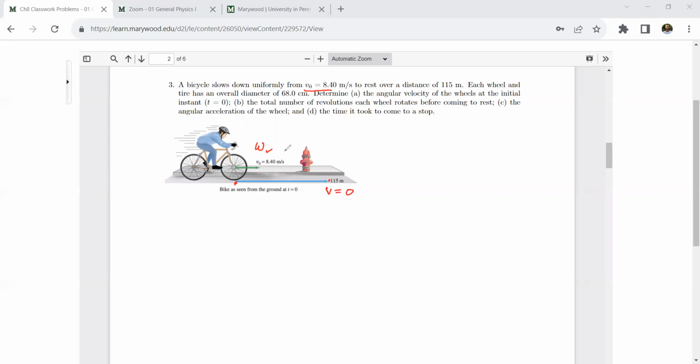So omega 0 is what? The diameter of the wheel is 68 centimeter. Diameter means this length. In meter it will be 68 times 10 to the power minus 2 meter, so it's 0.68 meter.